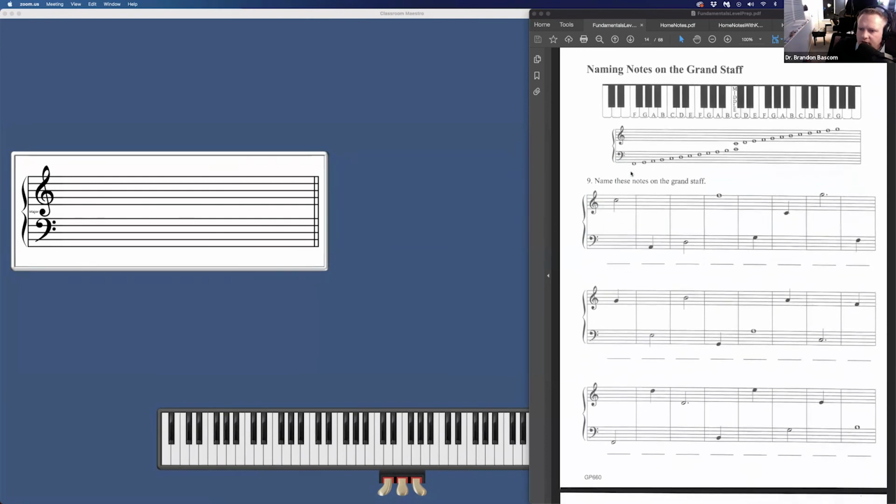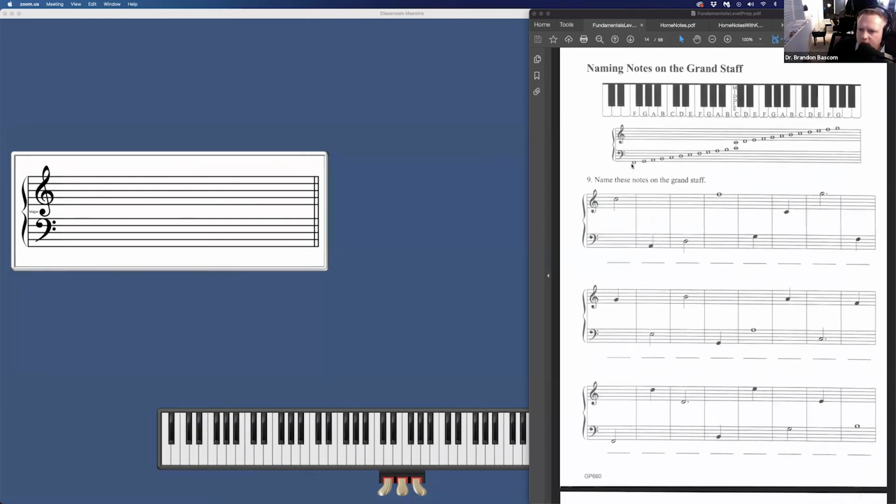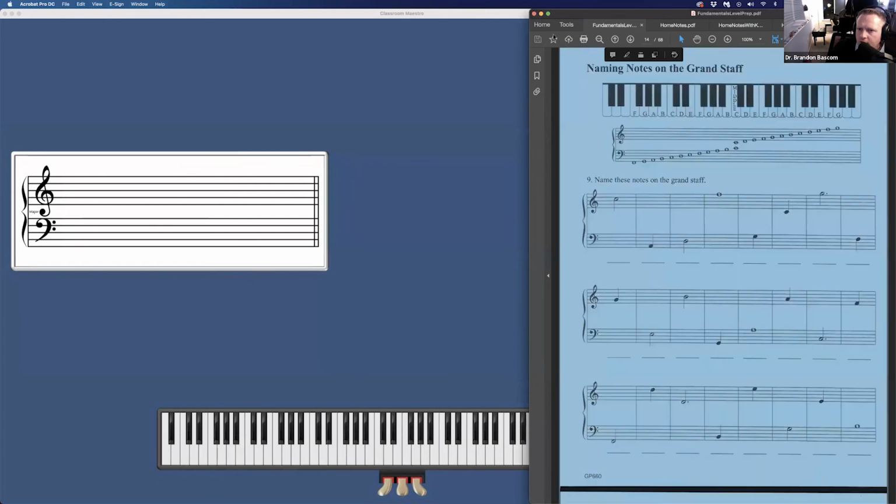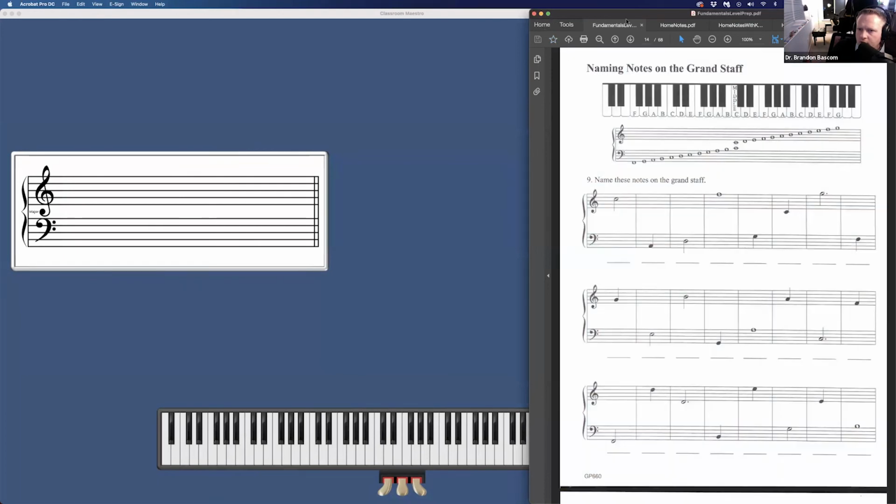Okay, naming notes on the grand staff, more of the same. Here's our musical alphabet written out and the corresponding keys on the piano. Bottom space A. F clef F, and so on and so forth.